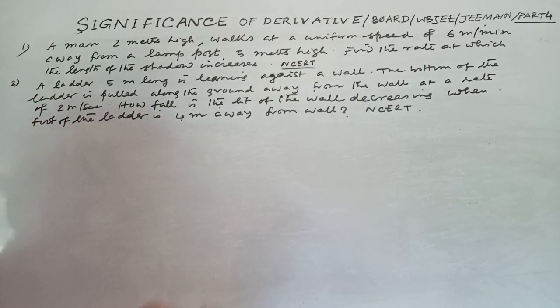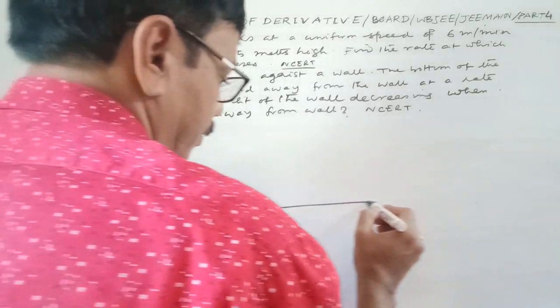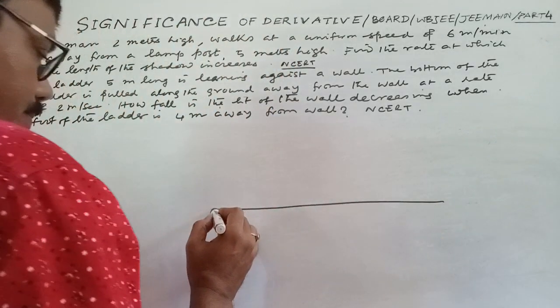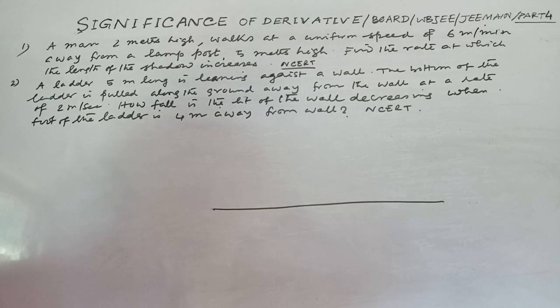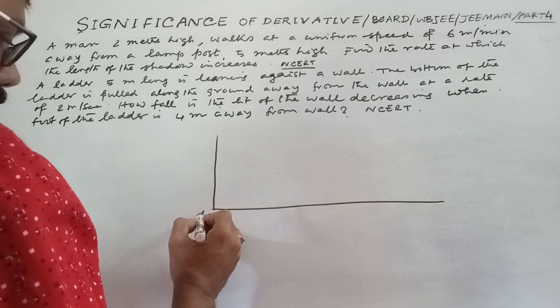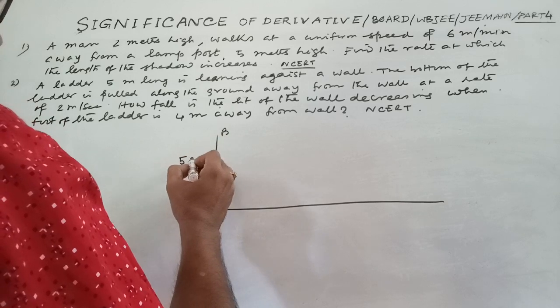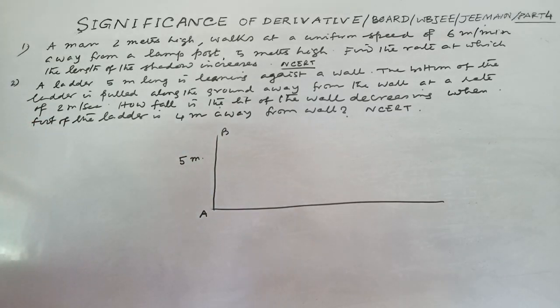We suppose that the road is obviously horizontal. AB is the lamp post and it is 5 meters high.